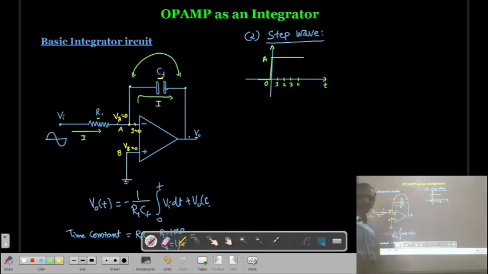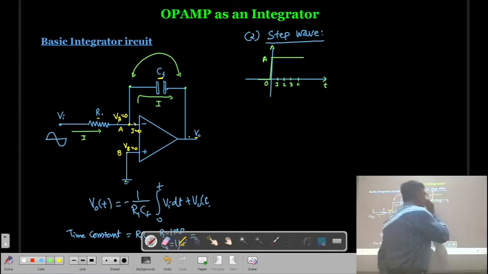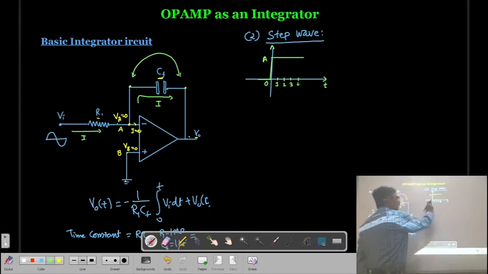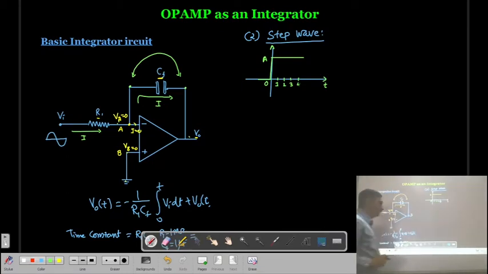Remember, how can we write this step wave? If t is less than 0, then the input signal is 0.